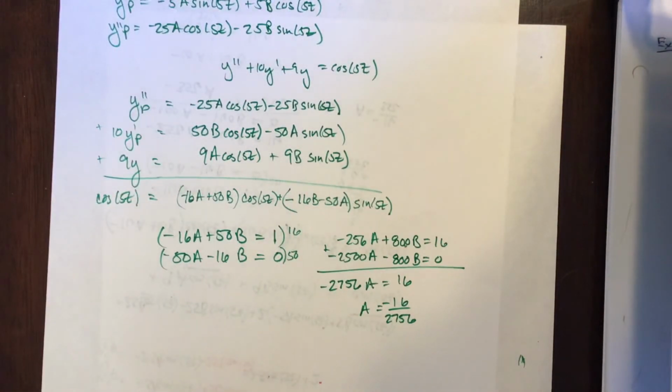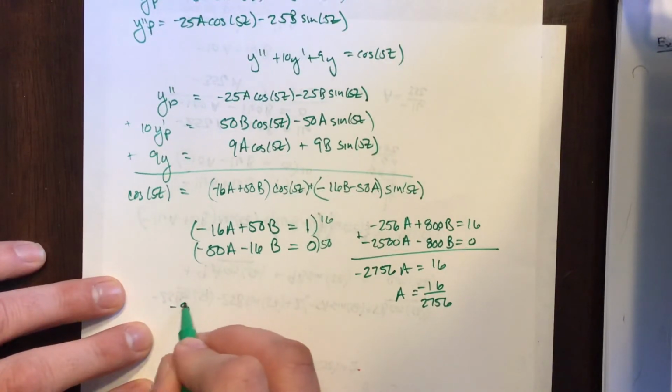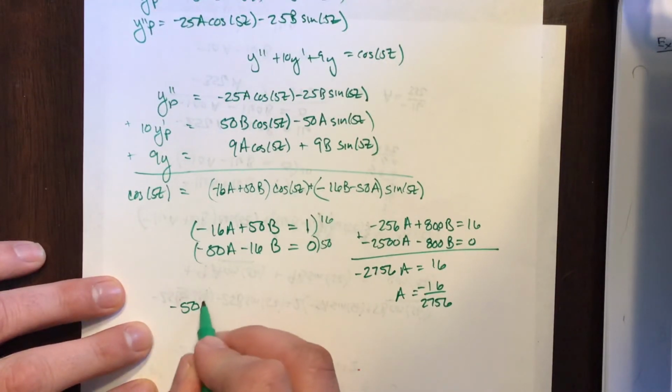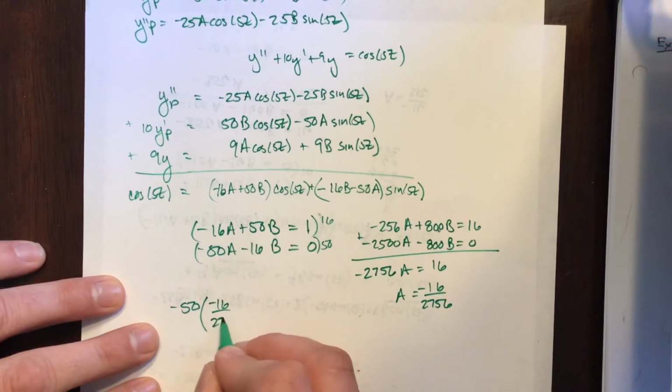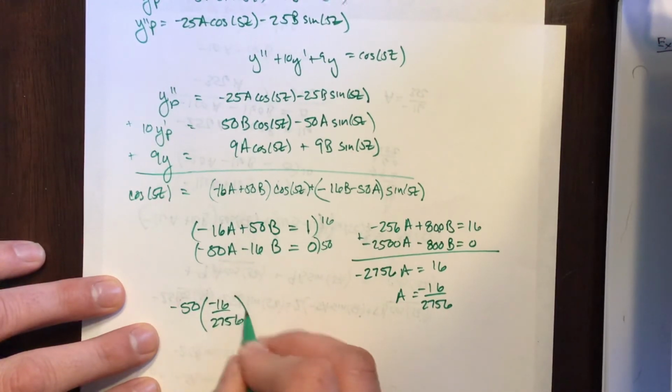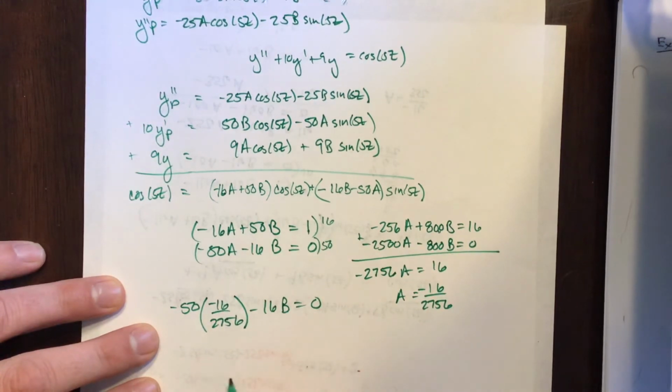And let's find out what b is. So we have negative 50 times a, that's negative 50 times negative 16 over 2756, minus 16b is equal to 0.